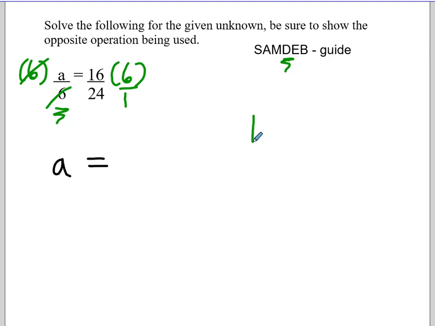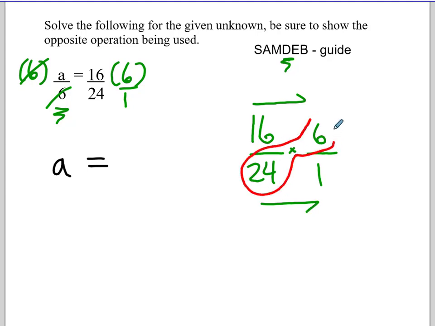So if we have to, let's go over to the side and just think this through for a minute. Now we can multiply across the top and across the bottom if we like. We could also do something a little different and look at this piece right here. Okay, 6 over 24, that could be reduced first. You've got lots of options. I'll go across the top first just to make sure everyone can follow along.